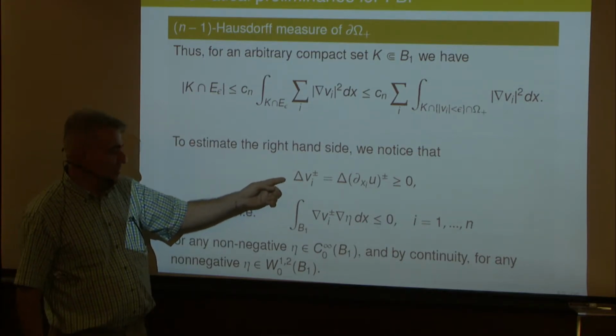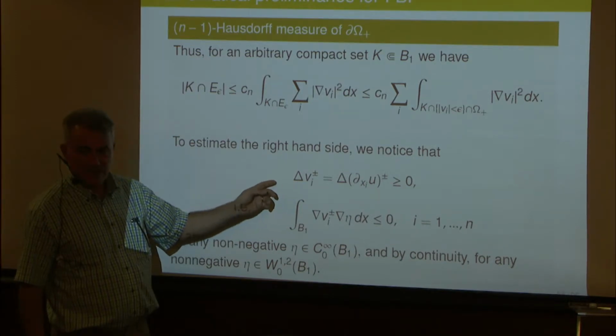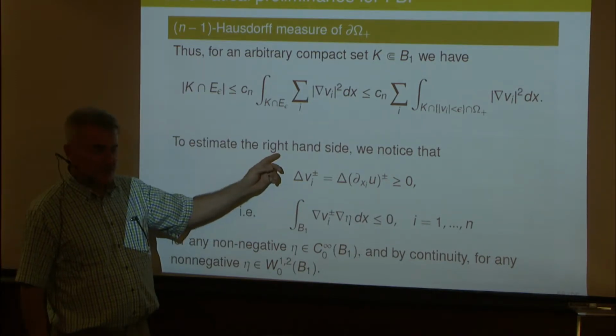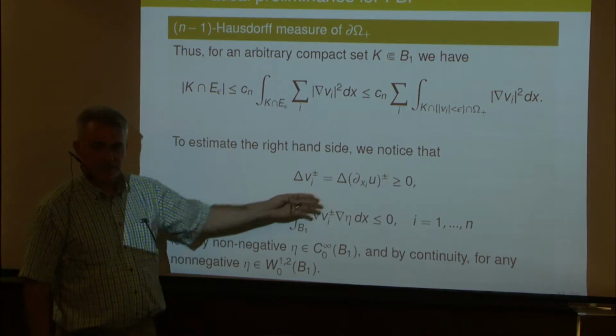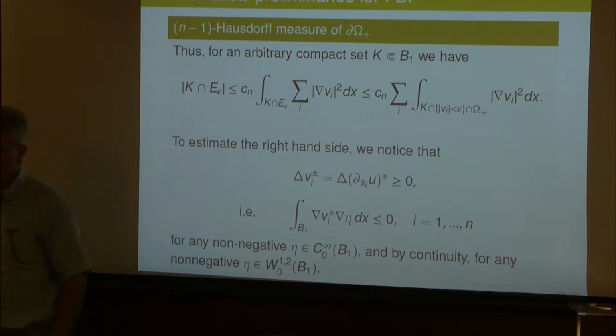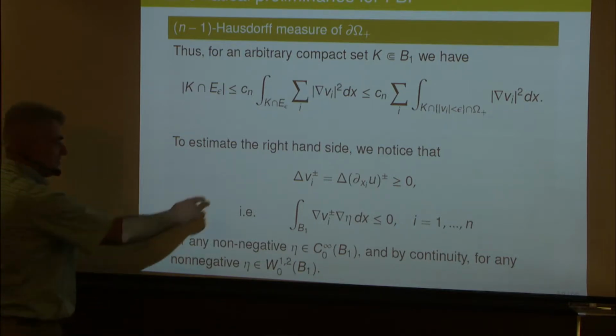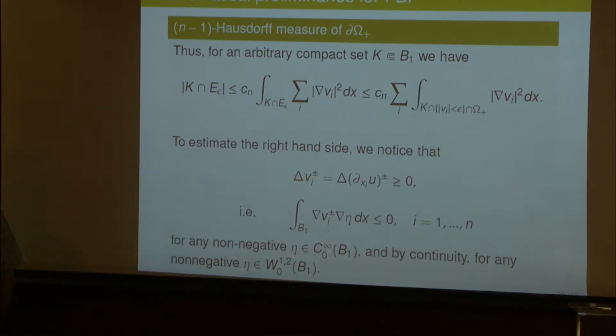Take the product with eta, not gradient, but eta itself, and integrate, this will be non-negative. Integration by parts gives you this. You may try to verify this again. Now you should be able to verify it quite fast after all the lectures.